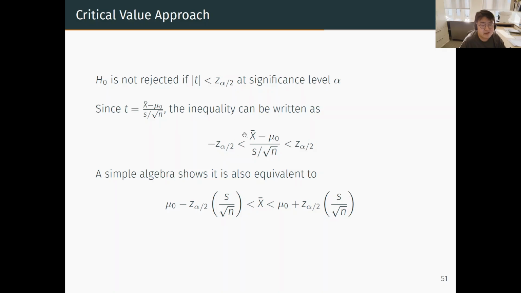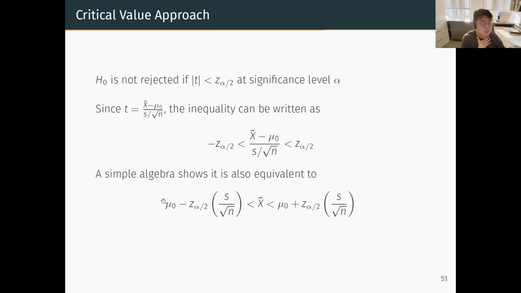We are going to rewrite the decision rule like this. Multiply by the standard error on both sides and add mu zero to every term. Then you get x bar in the middle and something on either side. It's exactly what we wanted. Mu zero is our hypothesis.